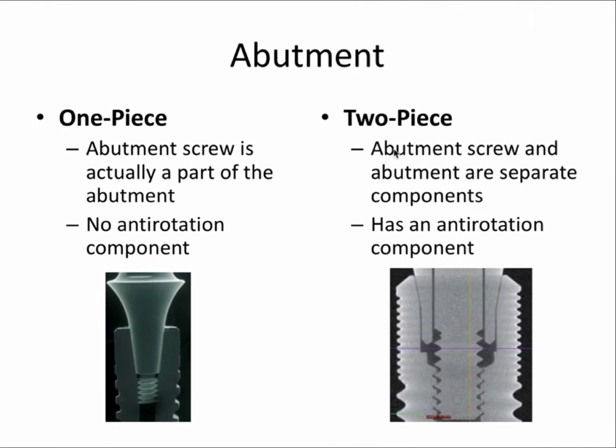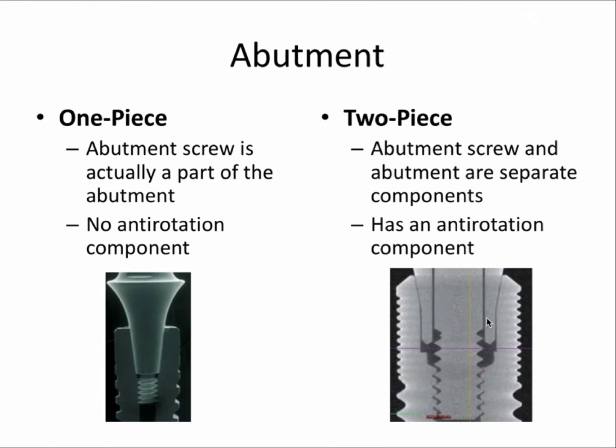Now, more commonly used is the two-piece abutment. And so the abutment is held to the implant body via a screw that goes down the center of both. So in the two-piece abutment, the abutment screw and the abutment are separate components.